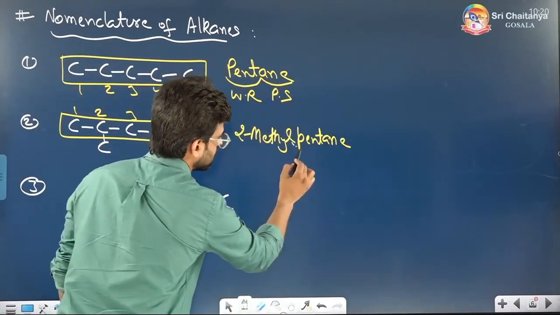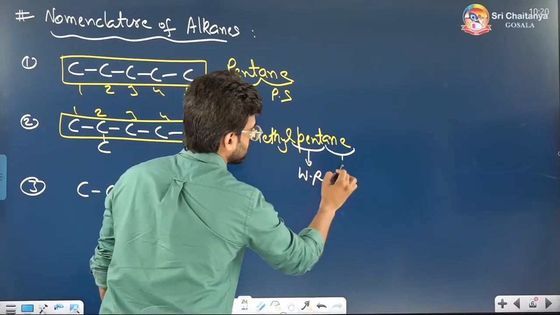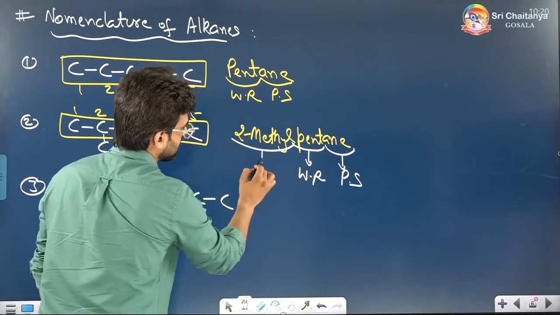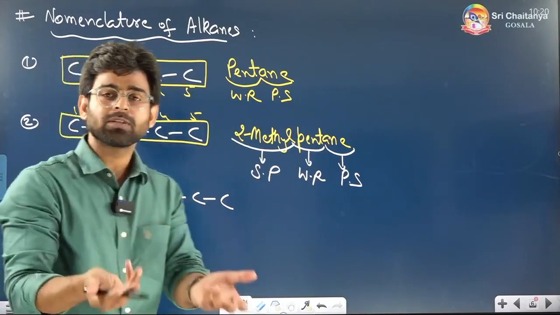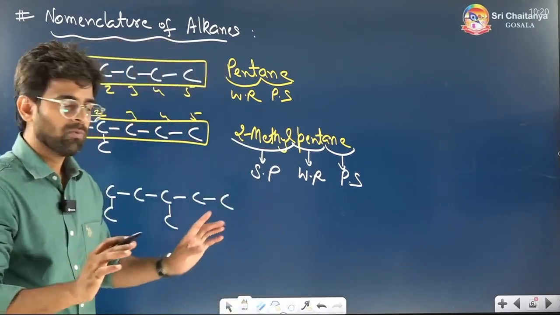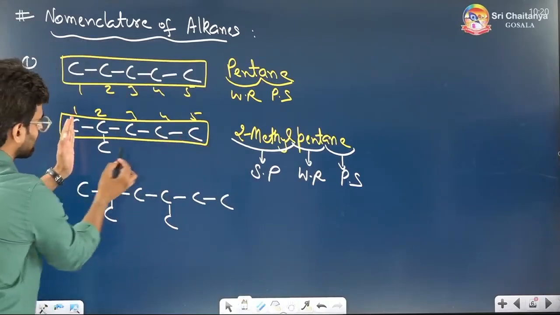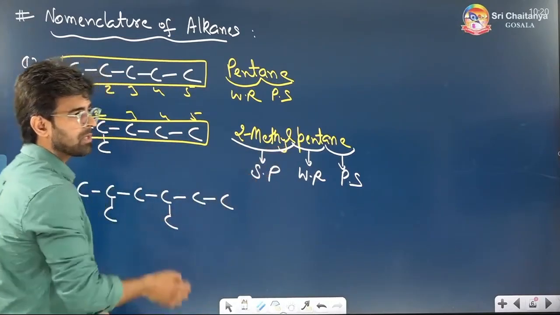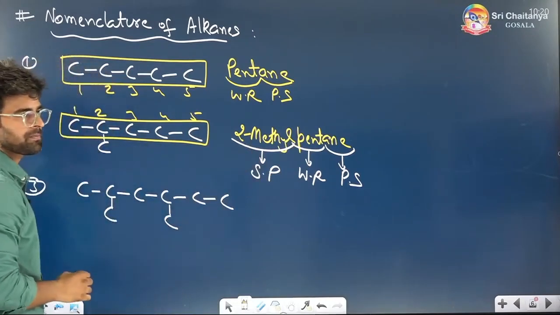We have used the word root. We have used the primary suffix. We have used what? Secondary prefix. Other things are not required, so leave them. Whatever things are required, name them. This is our main chain. This is our CH3 substituent. Substituent means methyl. What location? 2 location. 2-methylpentane. Very good.